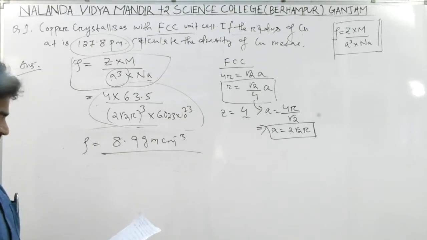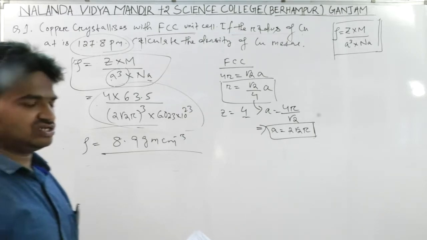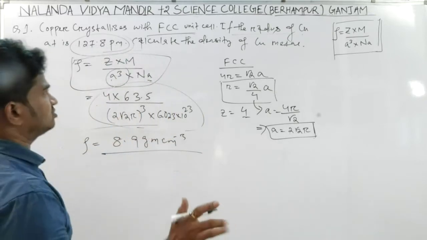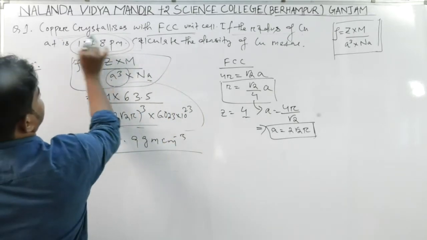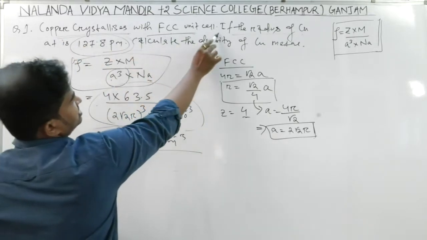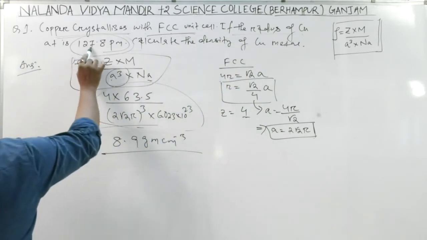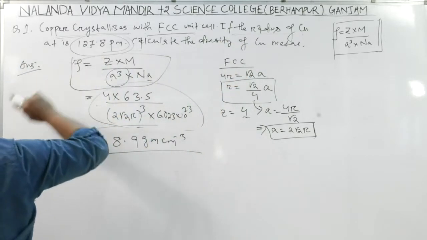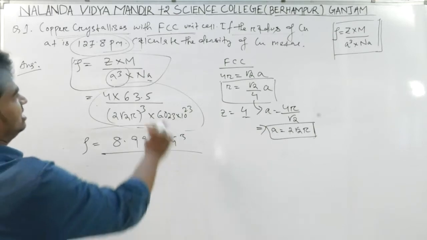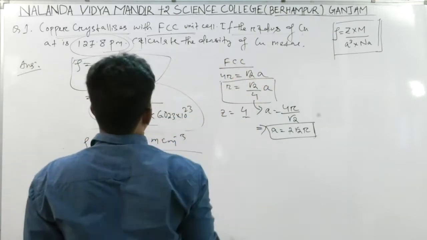Similarly, the second question, all of you got it? Copper crystallizes with face centered cubic unit cells; if the radius of copper is 127.8 picometer, calculate the density of copper metal.